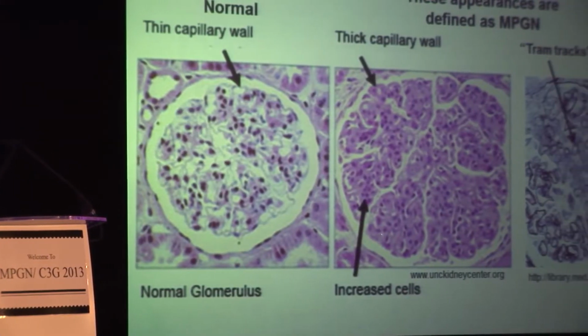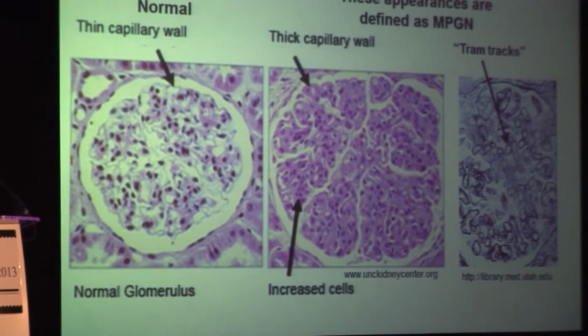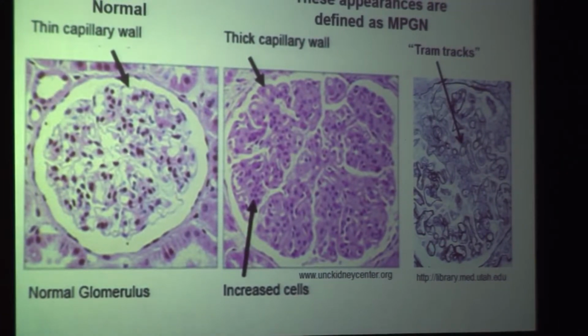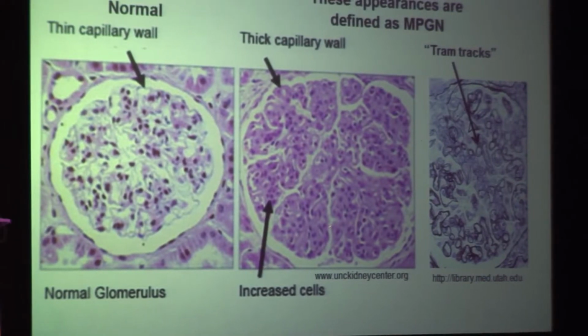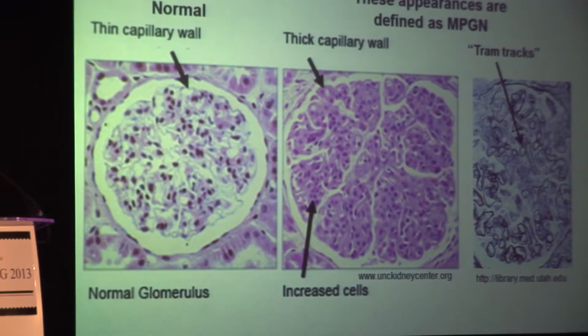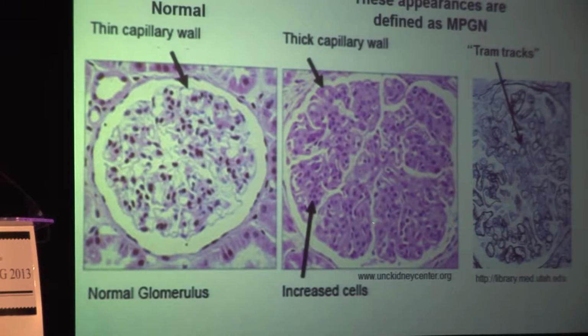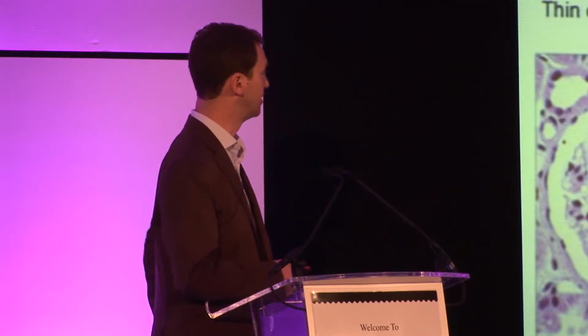The first is that there's an increase in the number of cells. The supporting cells, instead of just being maybe 3 or 4 in each region, multiply. And there are more cells there than we normally expect to see. Along with that, the pinkness, which is just a representation of the stain, of those regions is also increased. So you have a denser, more cellular glomerulus.